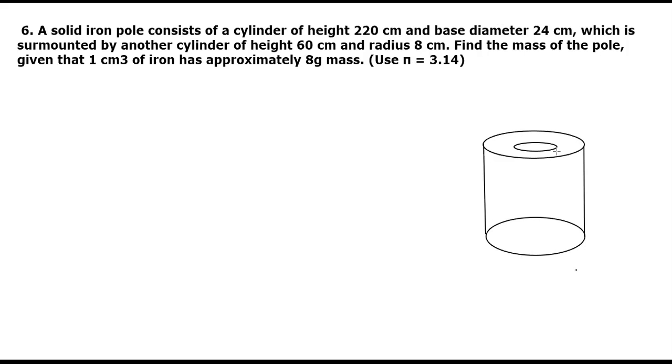Surmounted means it is kept on the top of the cylinder. There is a small cylinder like this kept on the top of this one.